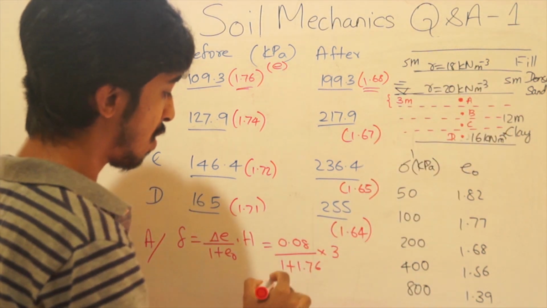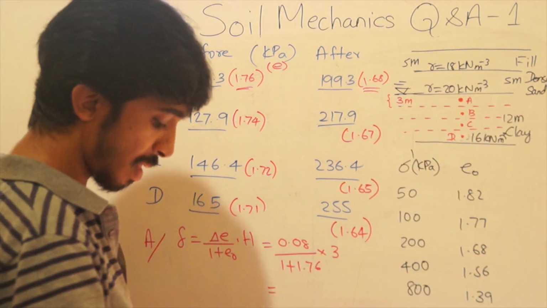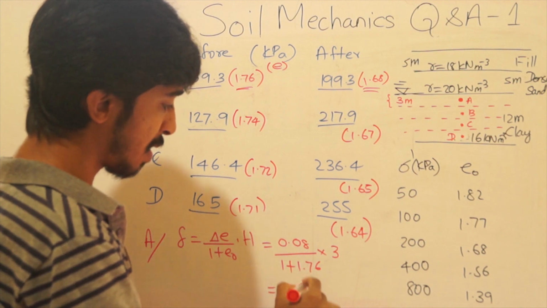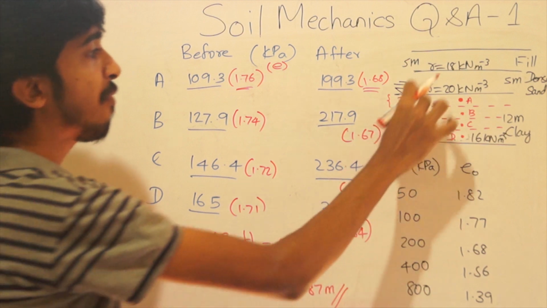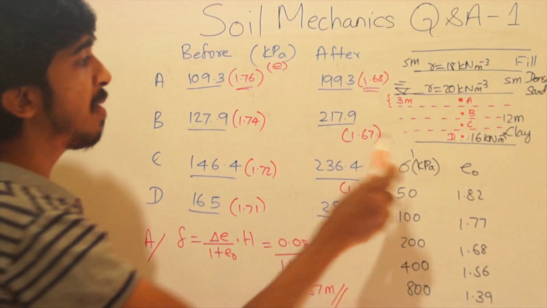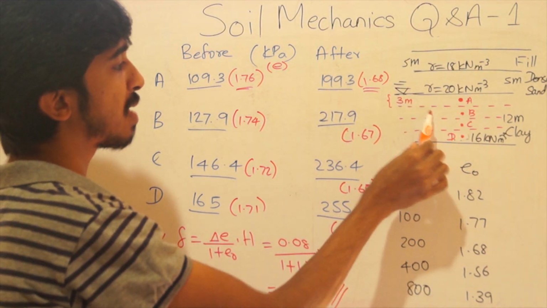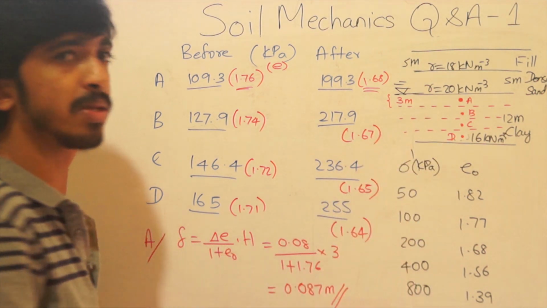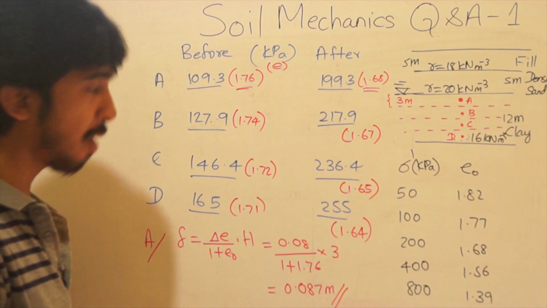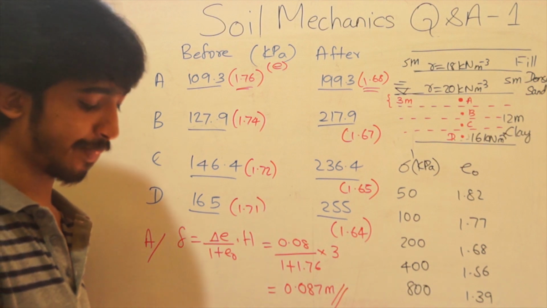So the answer would be 0.087 meter. This is only for the first layer. Similarly, you can calculate it for the second, third and fourth layers, and if you add all of these up, you will get the final settlement of the total clay layer.